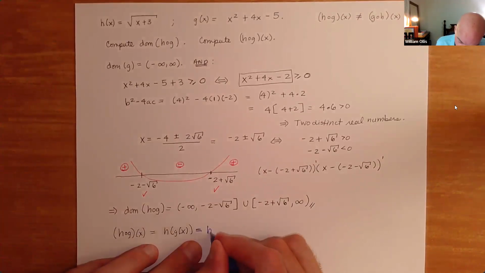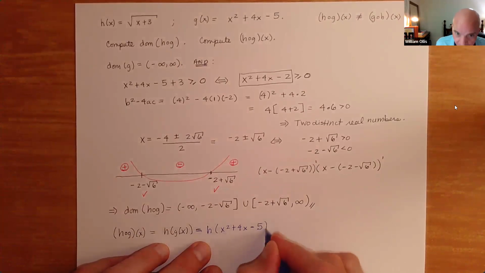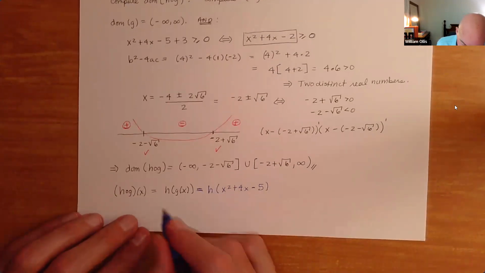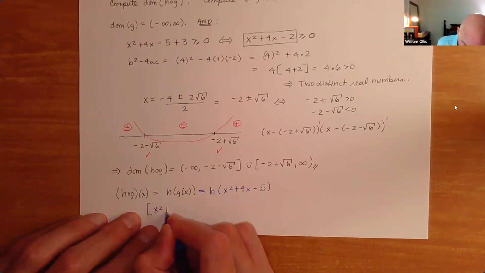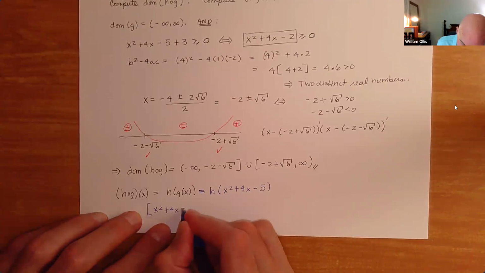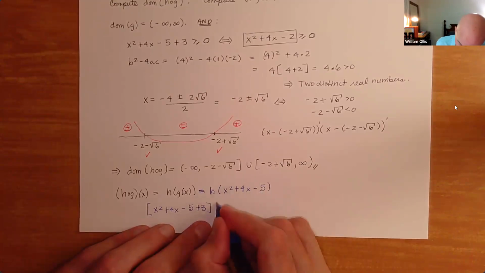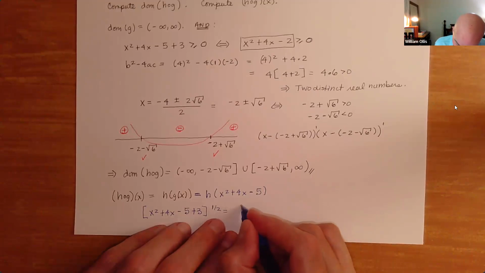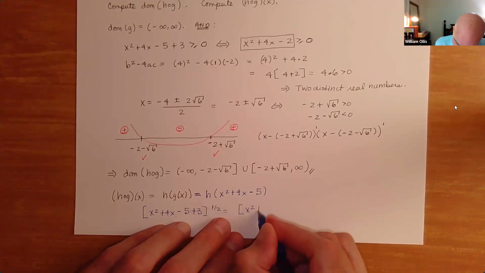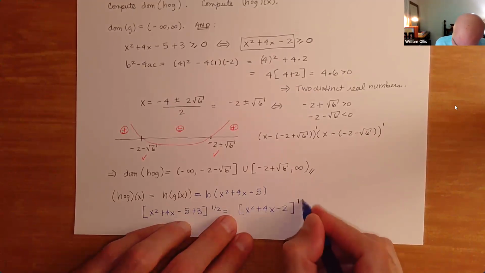And so we have H of G of X, X squared plus 4X minus 5. So now we have the square root. I'll just write this with brackets, x squared plus 4x minus 5 plus a 3 to the 1/2 power. Of course, we combine the -5 and the 3 to get a -2. So we have x squared plus 4x minus 2 to the 1/2.